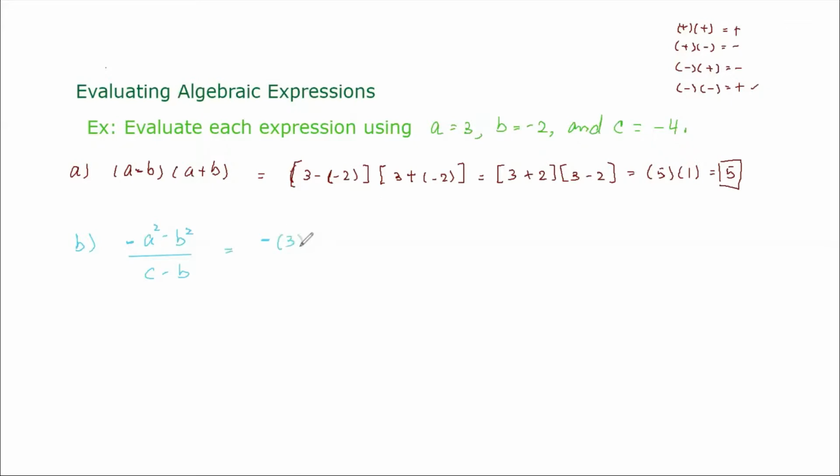So it becomes 3 power 2 minus this one from the equation. Then you open the bracket. b equal to negative 2, replace it. And then power 2. And then you divide, like the division sign. This one c is negative 4 here. So you replace negative 4 minus here, this minus sign. b equal to negative 2. Like that. Then you simplify.